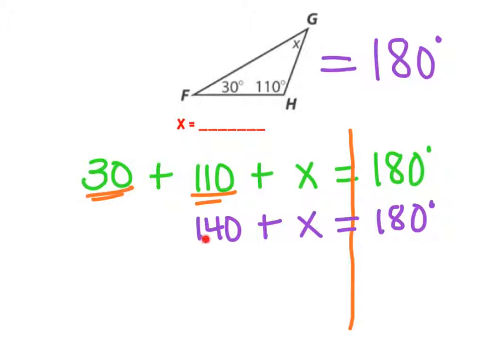Now this question says 140 plus another number is a total of 180 degrees. Some people might recognize the answer right away because it's a pretty simple question, but if you need to take it a step further, the last step would be to subtract 140 from both sides.